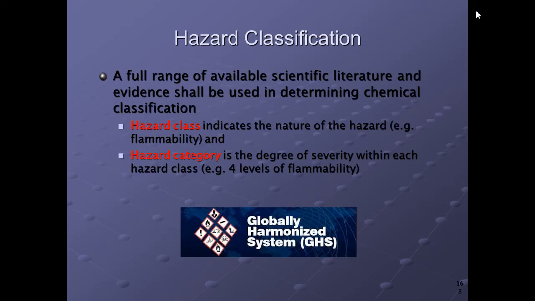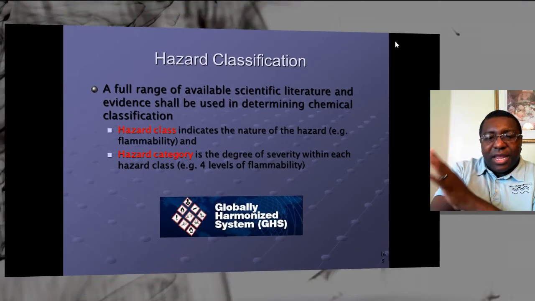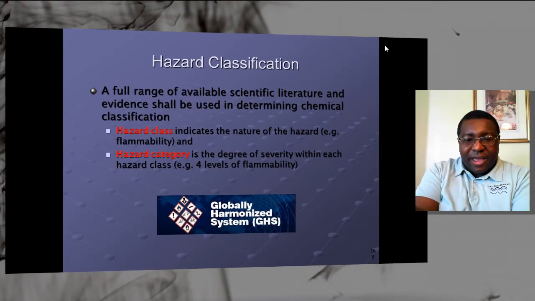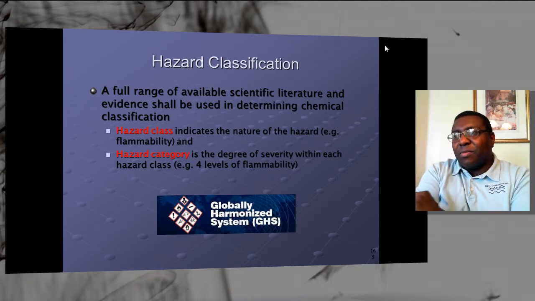Hazard classification. There's a full range of available scientific literature on determining how hazards are classified. Hazard class indicates the nature of the hazard, meaning if it's flammable, a health hazard, whatever the nature of it is, that's your hazard class.